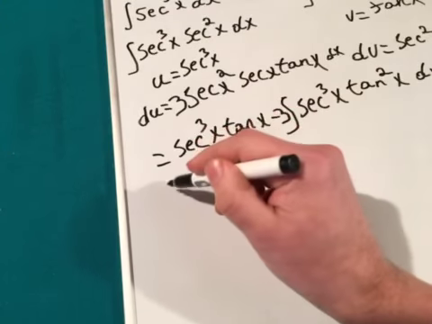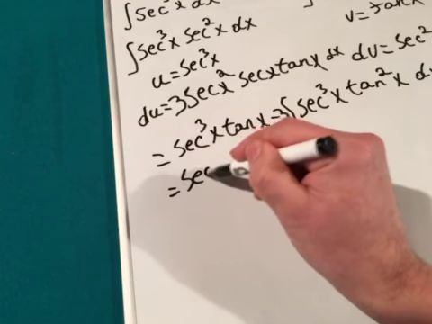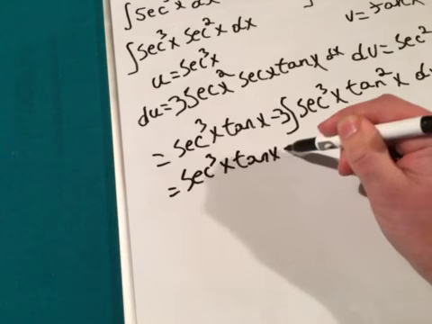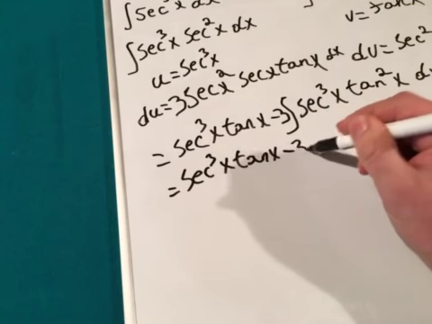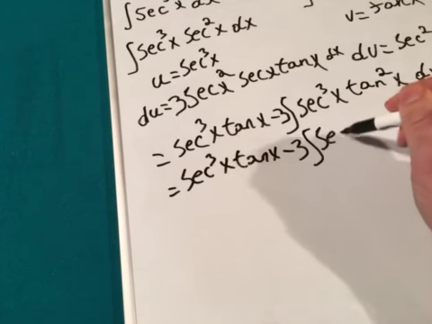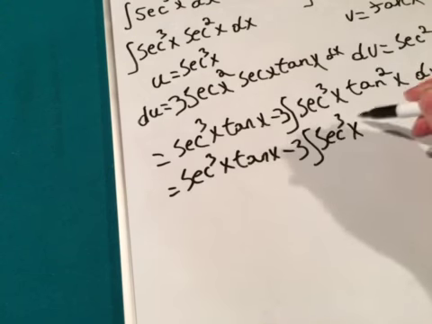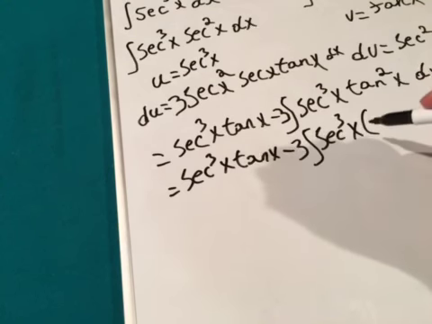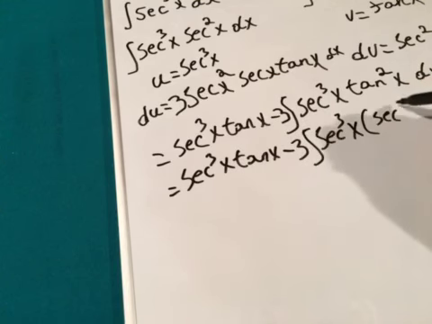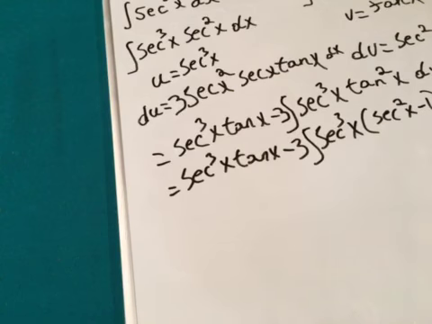So this is all equal to secant cubed x tangent x minus 3 times the integral of secant cubed x times tangent squared x, but tangent squared x is secant squared x minus 1, dx.